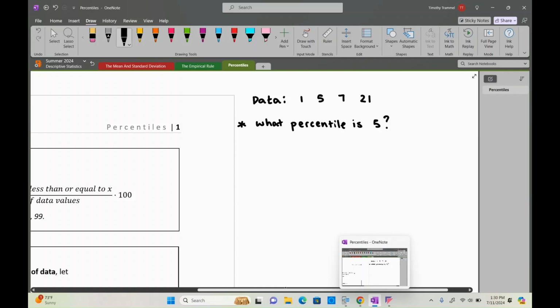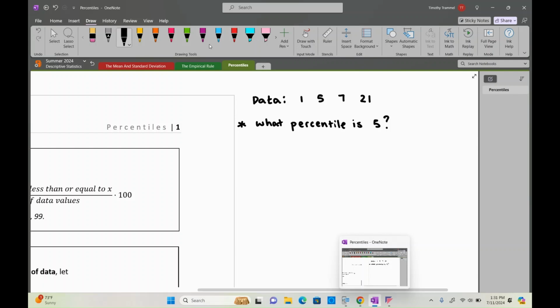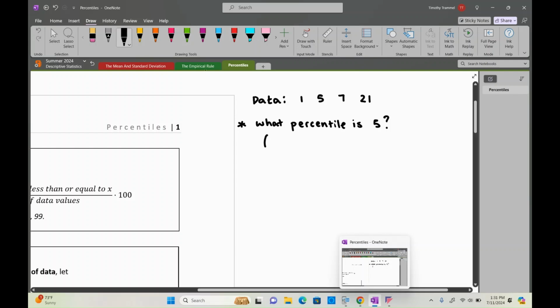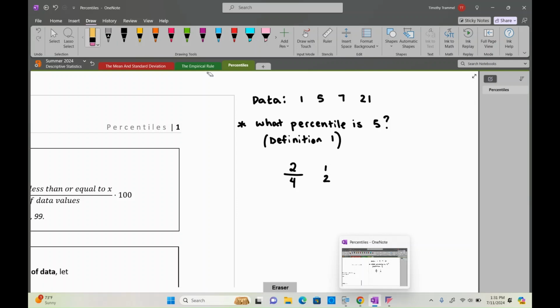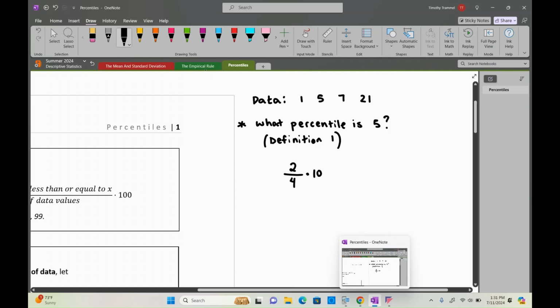But if we were to find this percentile using definition 1, we would say there are 2 numbers that are equal to 5 or less. So I have 2 out of a total of 4 numbers, and so we get a half. Now we want to multiply this by 100 to turn it into a percentile, so times 100. This gives us the 50th percentile.